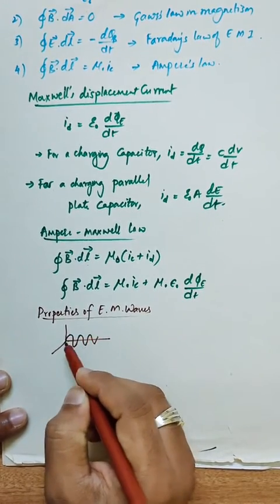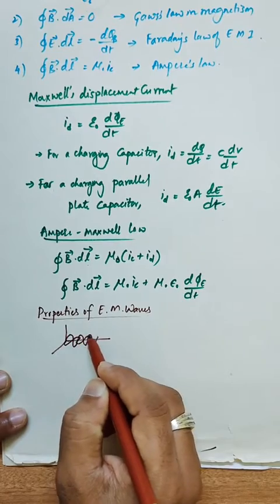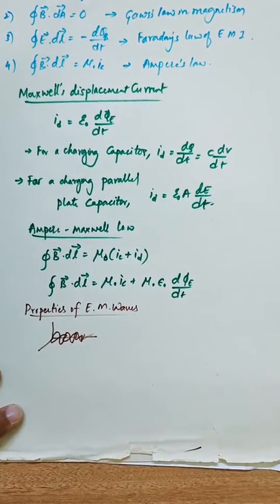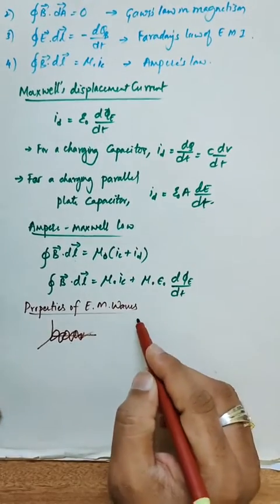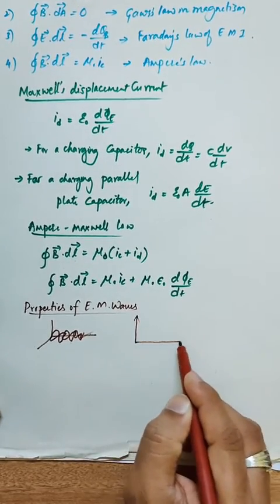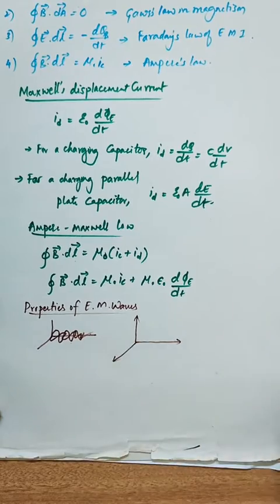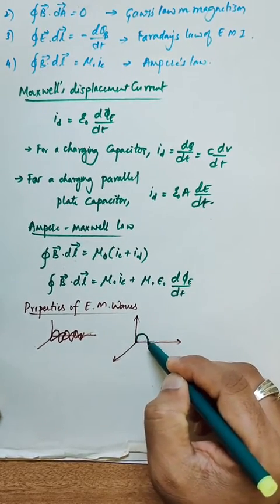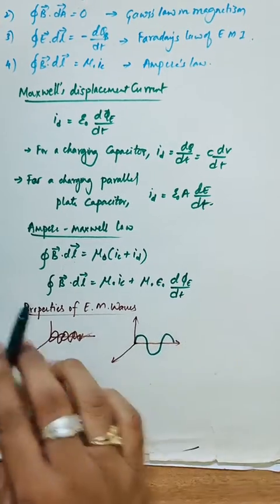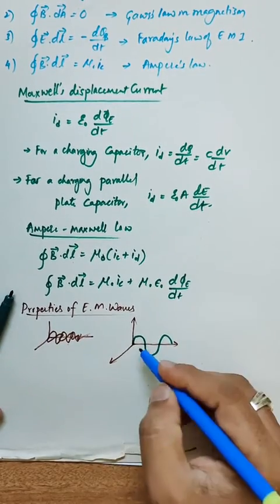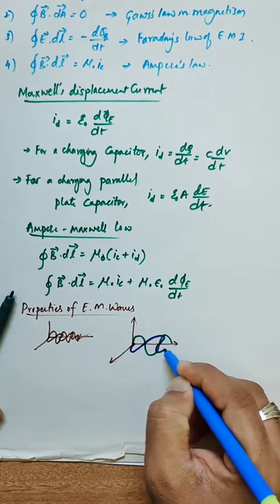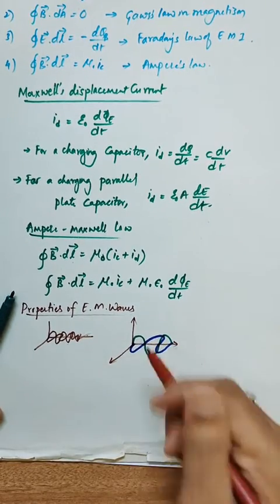It's going like this, and alternatingly it's going like this. I'll draw it once again here. If these are the electric waves, we have magnetic waves perpendicular to that. We can draw it like this.